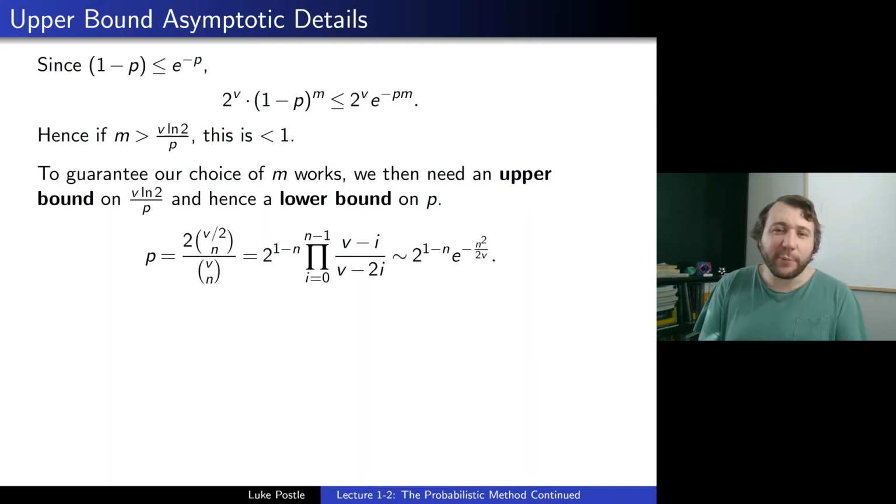You can see that because the terms there are roughly something along the order of 1 minus i over v, because again, i is at most n, it's much smaller than v, which is n squared over 2. So it's roughly 1 minus i over v, which is roughly e to the minus i over v, which will get summed up. If you sum up i's from 1 to n, you get roughly n squared over 2. And so you get roughly that number.